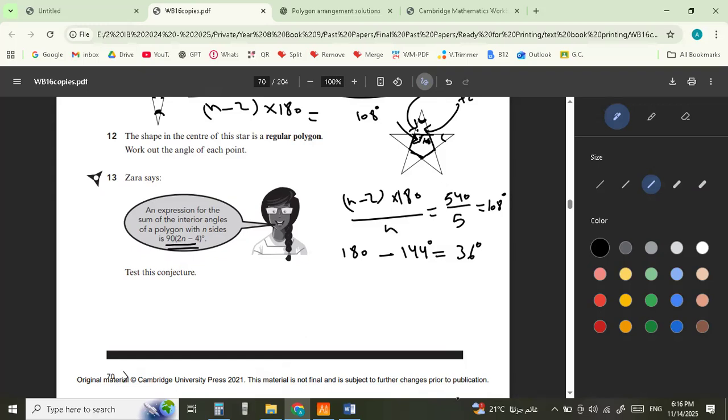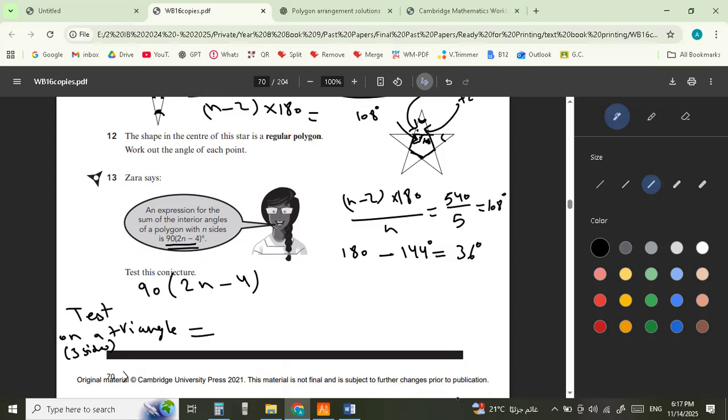Test it. She's saying 90 multiplied by 2n minus 4. For example, let's say that the polygon is a triangle. If I replace n with 3, will it give me 180? Let's see. Test on a triangle, which is 3 sides.